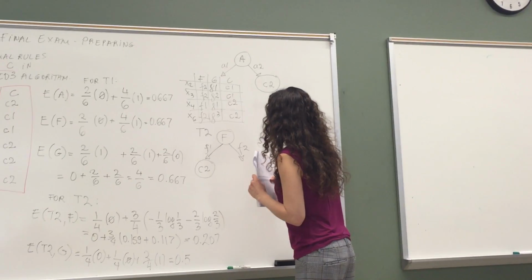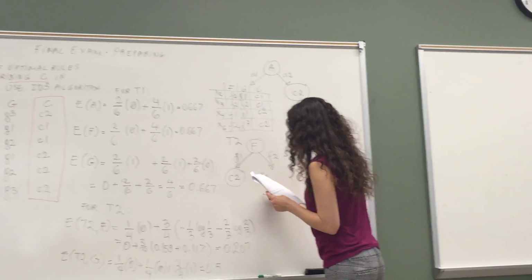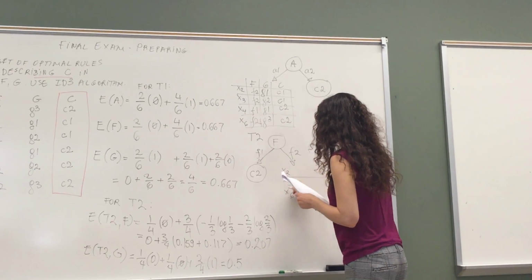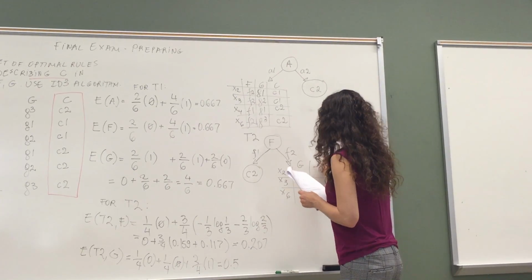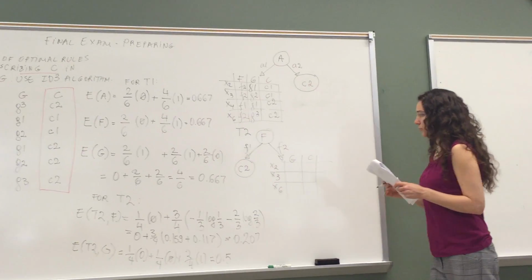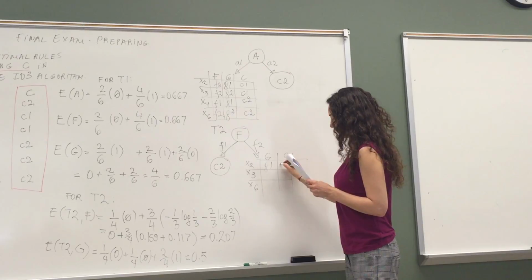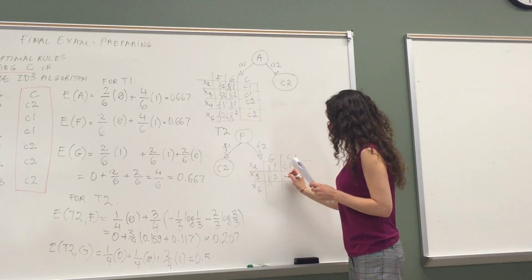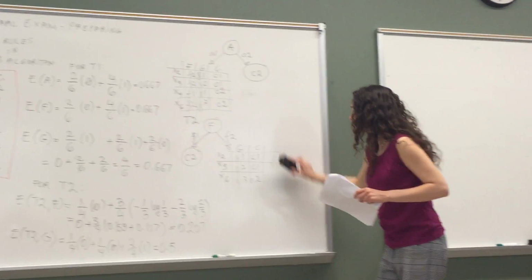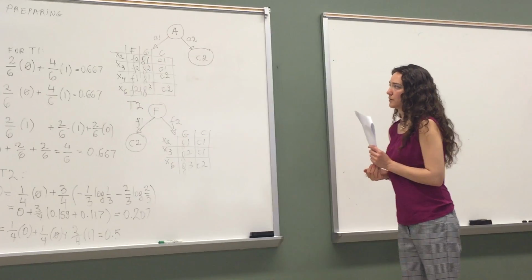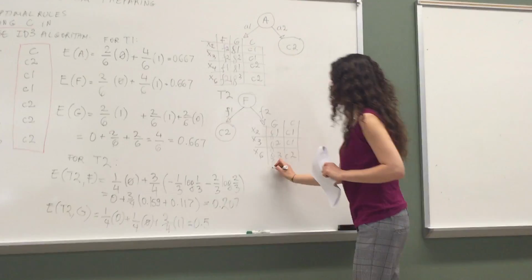In table 3 we have X2, X3, and X6, and the attribute G and the attribute C. So we have G1, C1, G2, C1, and G3, C2. This is table 3 now.